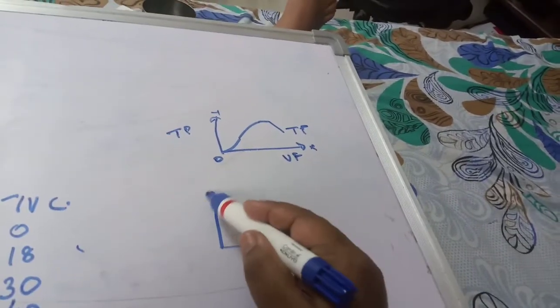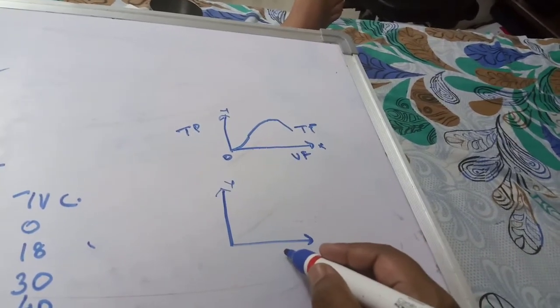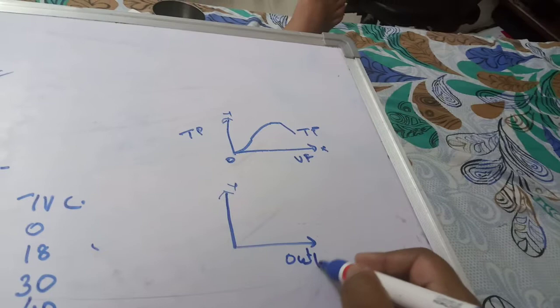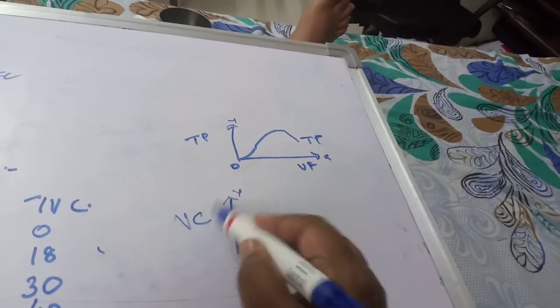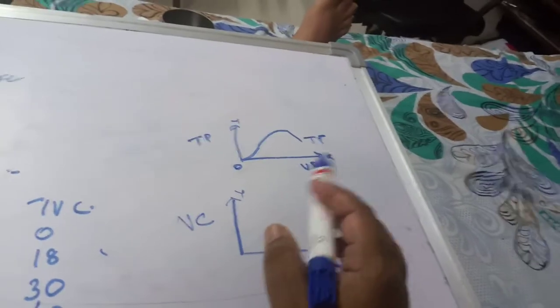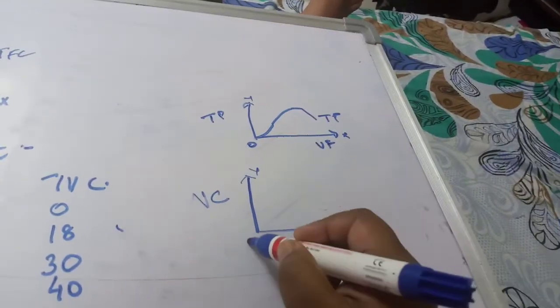So I'm going to reverse this entire diagram and I'll put output, which is the total production, on x-axis now, and variable cost, which is the price paid on variable factor, on the y-axis.